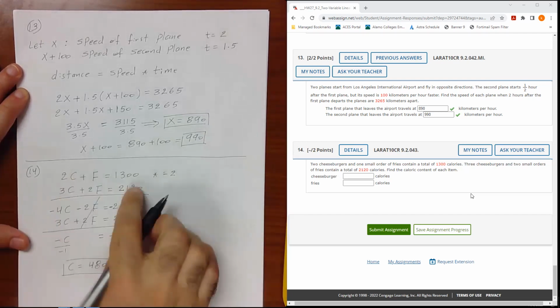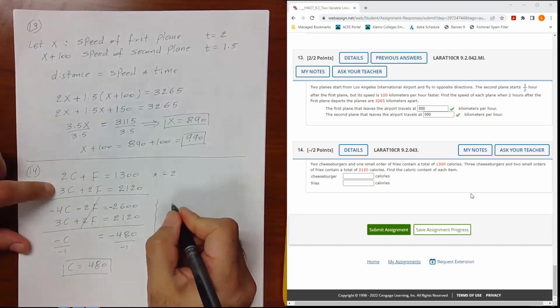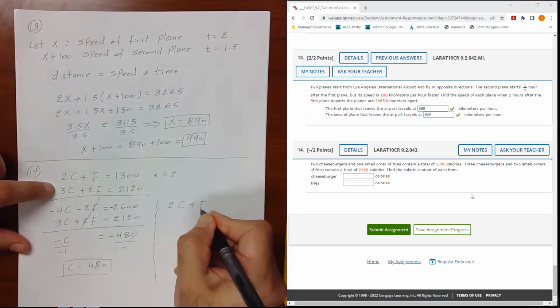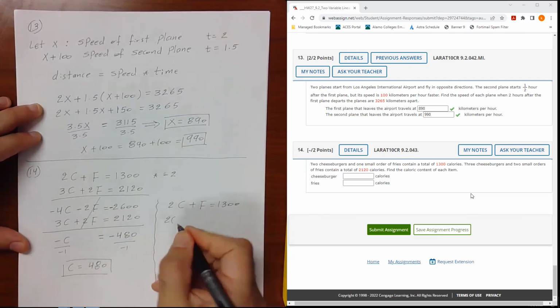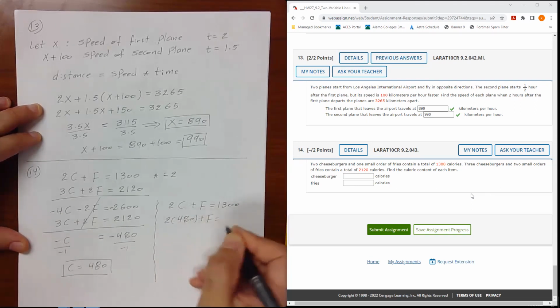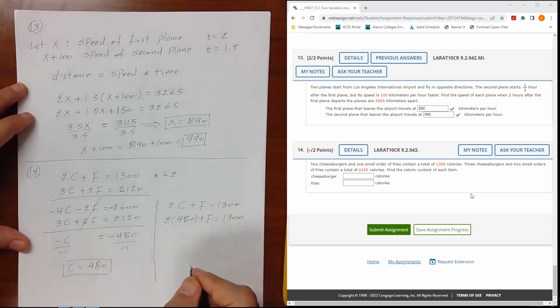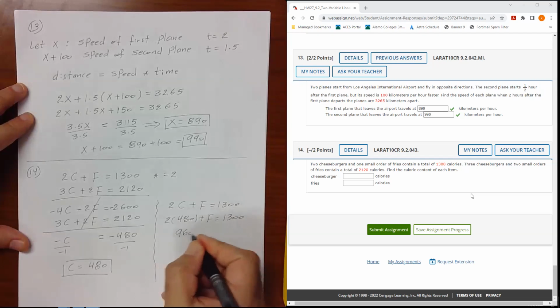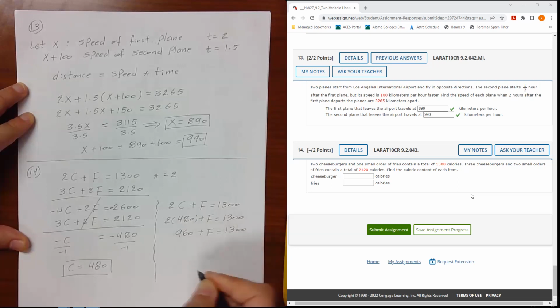Plug this one into one of these equations. Let's plug it into the first one. So 2c plus f equals 1,300. That means 2 times 480 plus f equals 1,300. 2 times 480 is 960, plus f equals 1,300. Subtract 960 from both sides.